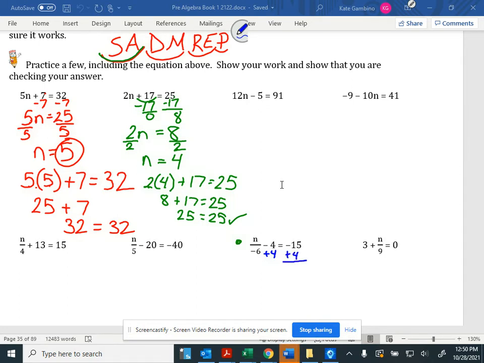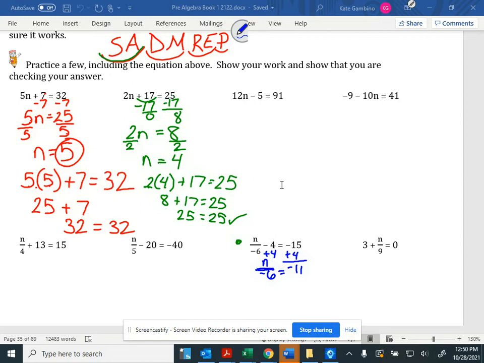So if we have negative 15 plus 4, we get negative 11. And we have n over negative 6 equals negative 11. Remember, this is a dividing line. That fraction line means divide.